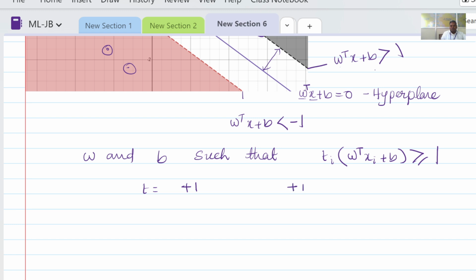Then for positive classes, W transpose into xi plus b is always greater than 1, so 1 into that will always be greater than 1. Similarly, when it is the negative category, minus 1, any value below this line is less than minus 1, so minus into minus gives plus, and it will be greater than or equal to 1.